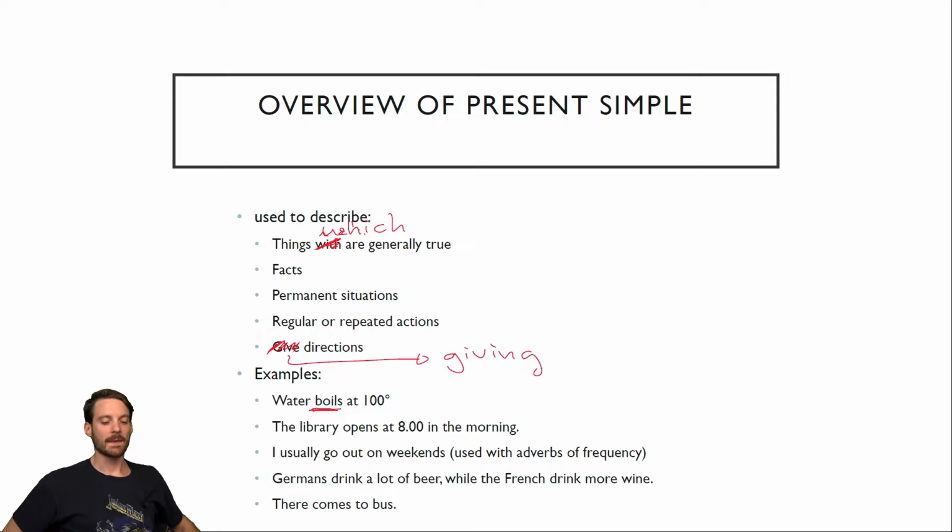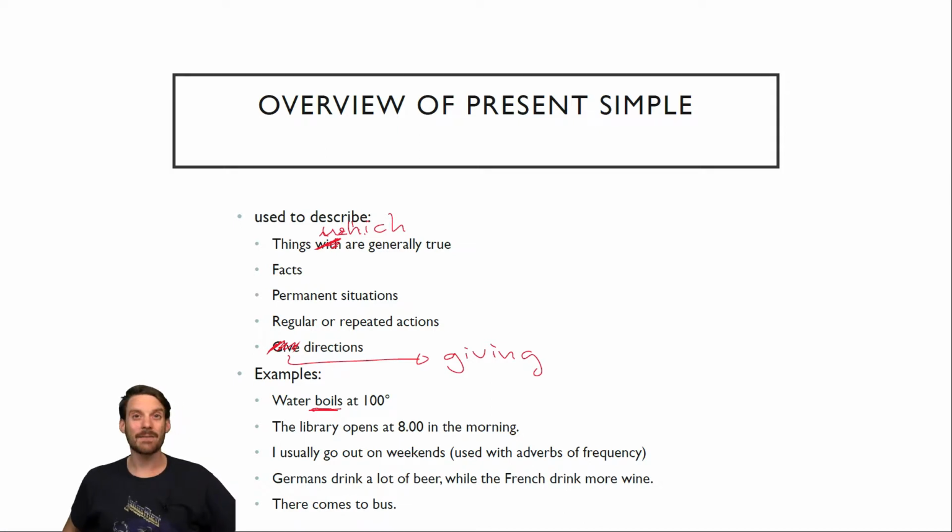So when I speak about the aspect of the tense, there are only two aspects, either simple or continuous, or progressive or ing form. So the aspect is always either simple or continuous. So just to not confuse you. Water boils at 100 degrees. It's a fact. In our pressure level, water boils at 100 degrees.